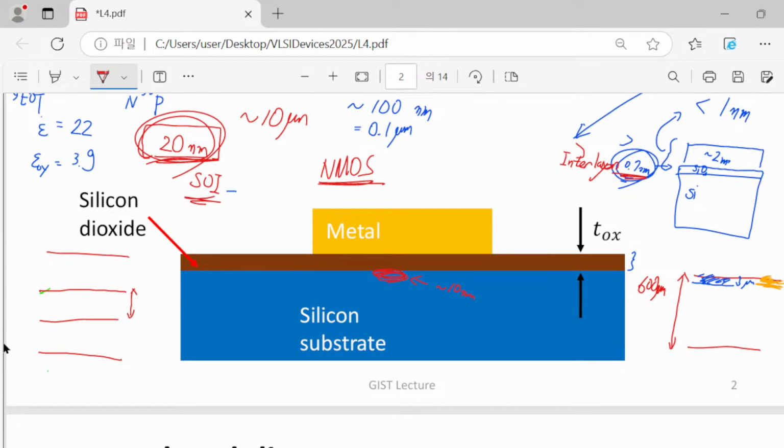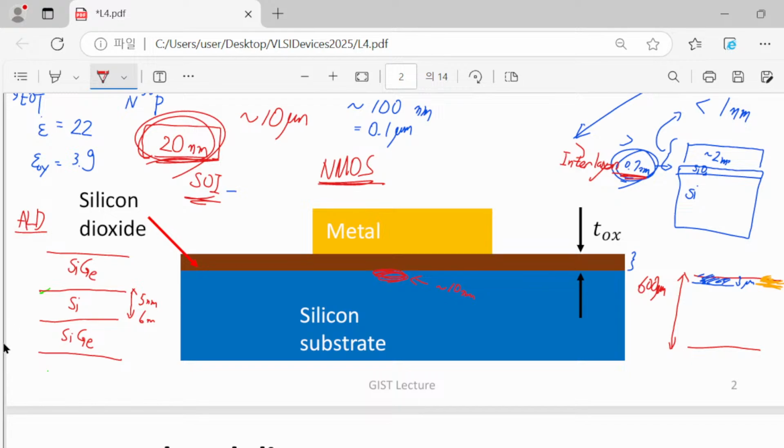So ALD is used. We spend quite a long time to build a silicon germanium layer and a silicon layer. On top of it, we also build a silicon germanium layer. And since we are using ALD technology, atomic layer deposition, we can define 5 or 6 nanometer very accurately.